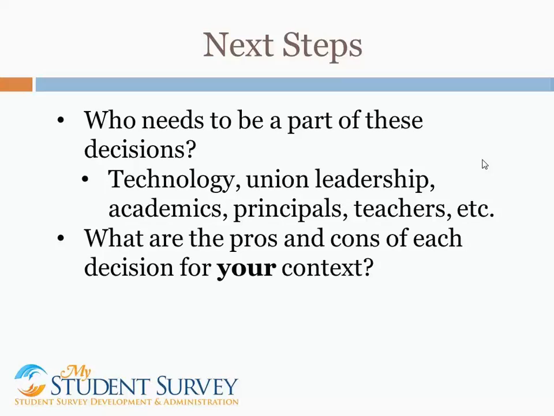Often it is a question of bringing in technology, especially when you're thinking about online versus paper surveys; union leadership, so that teachers feel they're represented and that these decisions reflect their views; the academics department, in terms of what it's going to be used for and how it's going to impact the academic day; and a group of principals and teachers and so forth. All of them are affected by the outcomes of this decision.